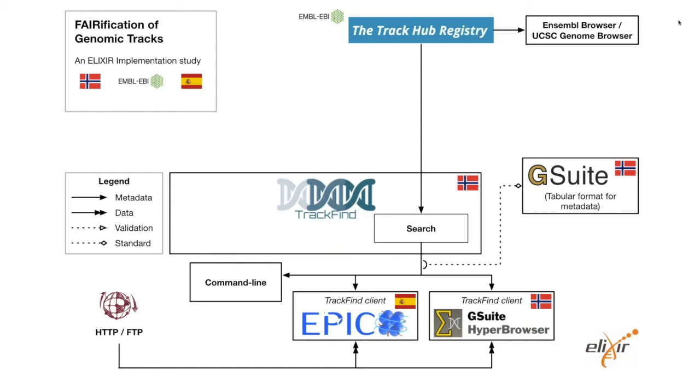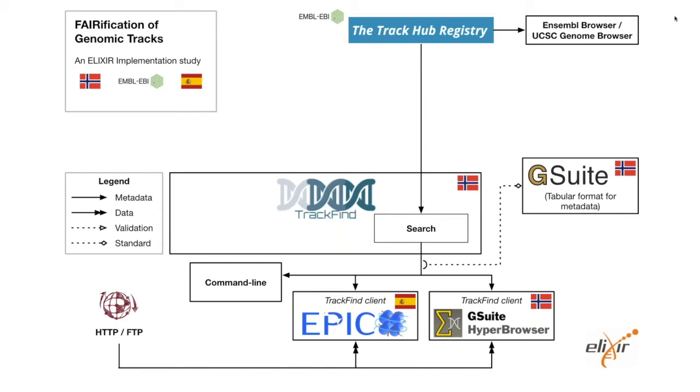There's also this metadata format called GSuite, which we have developed in Norway, which we can use as export, in addition to JSON formats. And then the client, after doing the search and getting the search results, will typically look into the search results, find the URLs, and then fetch the actual data itself from the web, basically using HTTP or FTP.